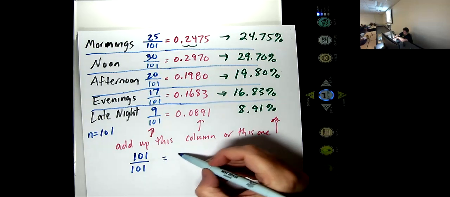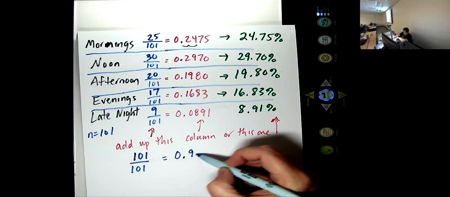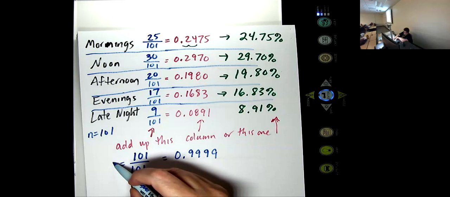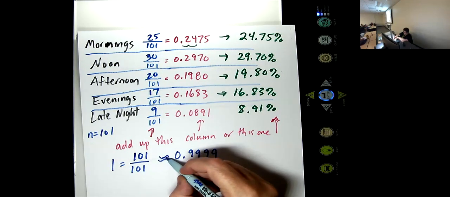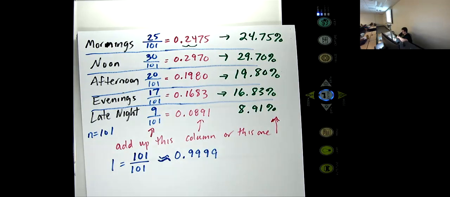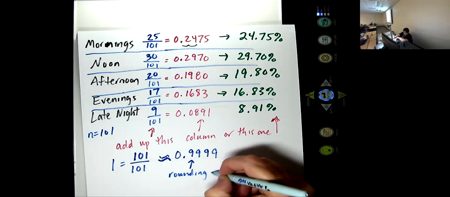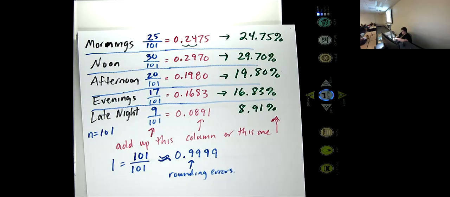This one has rounding errors in it. So this one is actually getting to 0.9999. So the 101 over 101 is approximately 0.9999. There are rounding errors here. That's why it's not exactly 1.